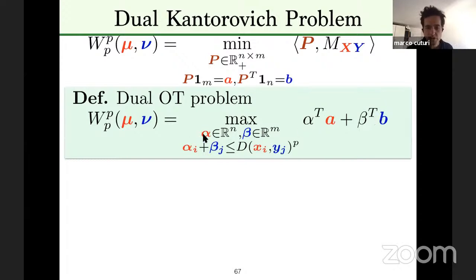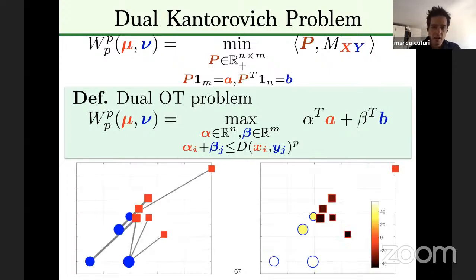But there's going to be a constraint on the weights, which will be that alpha_i plus beta_j is smaller than the distance between x_i and y_j. So if you remember a few slides ago, the potential at any point x plus the second potential at any point y was smaller than the cost. Well, this is just a discrete formulation.